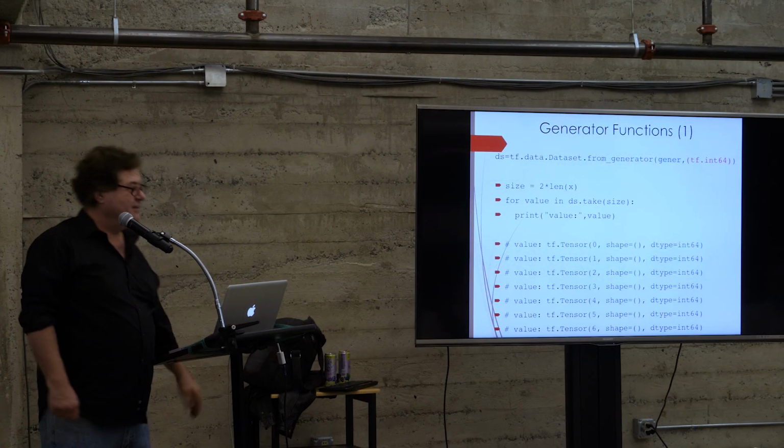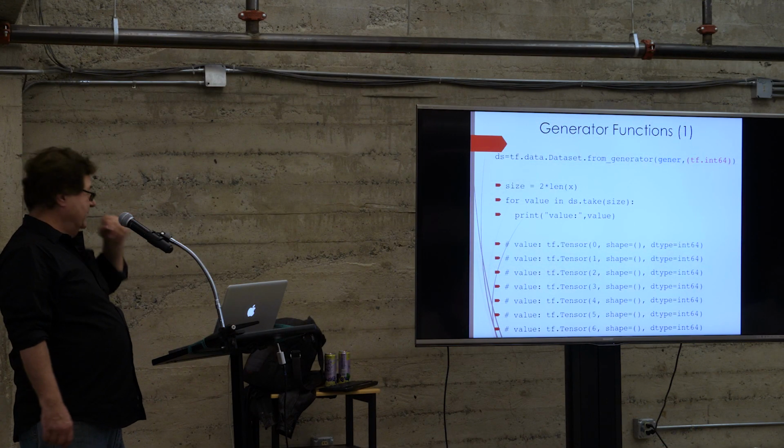And that is identified by something called a, the word escapes me, but it's the at tf.function. That means it's going to be a generator. Decorator, thank you. It's the little things start slipping.